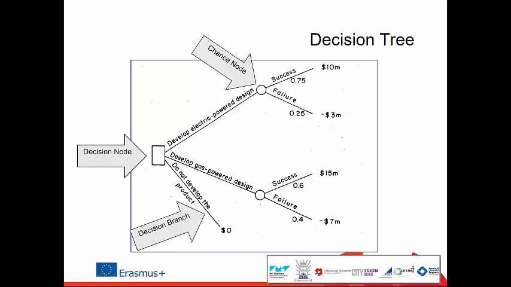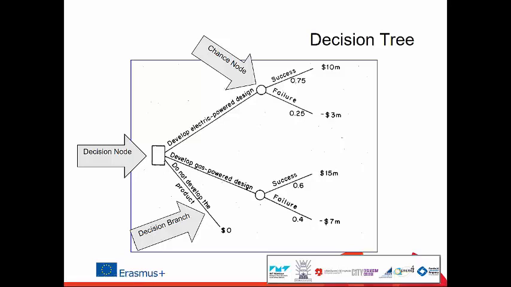One more thing to add is that to calculate the expected value on the uncertainty node, or chance node, we have to take the uncertainty into account and the payoff. The uncertainty is described by this statistical distribution. It's very simple in this case.